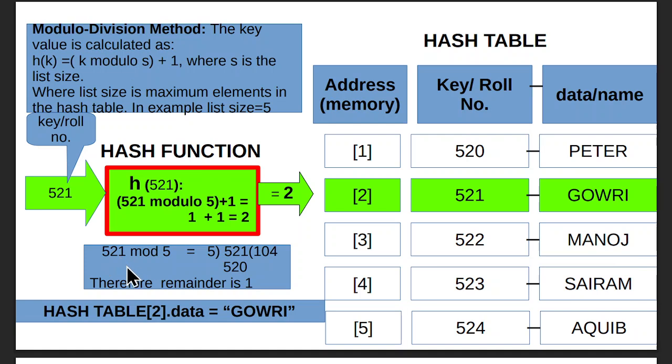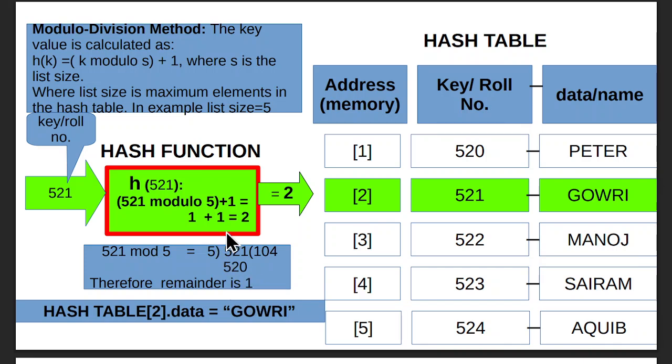So what does that mean? 521 mod 5 is nothing but you divide 521 by 5 and calculate the remainder. We are interested only in the remainder. Here 5 goes 104 times, 520, and therefore the remainder is 1.